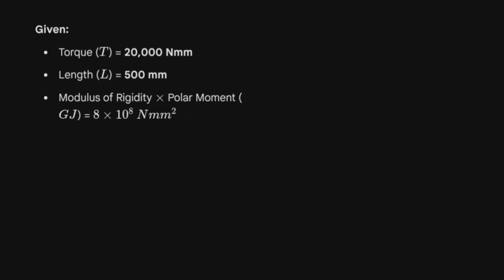So we have given: torque is equal to 20,000 Newton millimeter, length equal to 500 millimeter, and modulus of rigidity times polar moment is equal to 8 times 10 raised to 8 Newton millimeter squared.